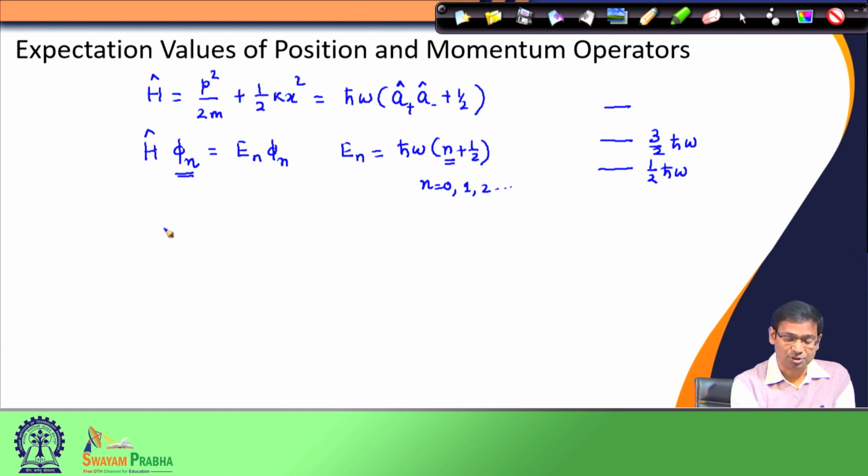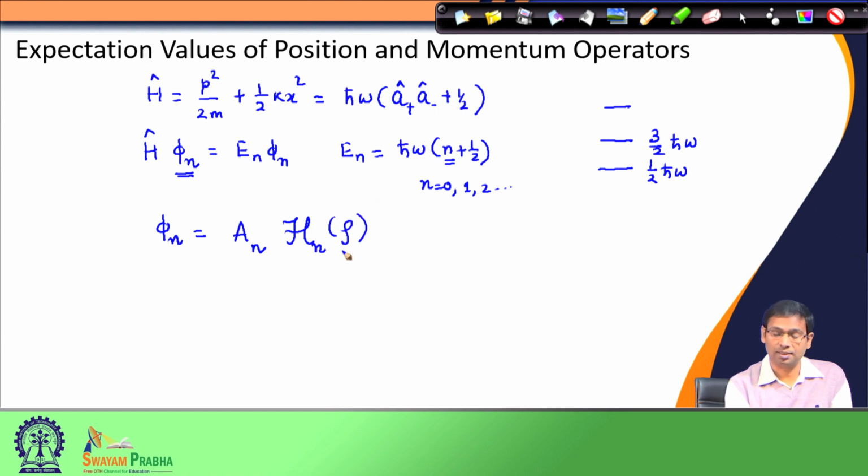The eigenfunctions phi n had a general formula which had a normalization constant A n, a Hermite polynomial expressed in the dimensionless coordinate rho, and the order of the Hermite polynomial is given by this index n here, and the third part is the Gaussian function e to the power minus rho square by 2.